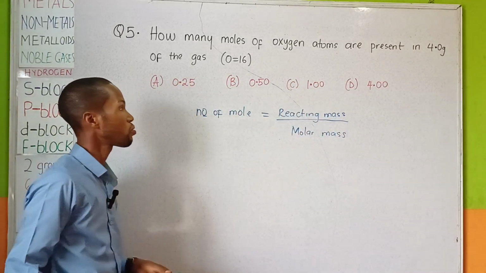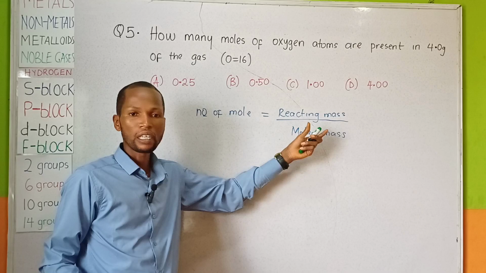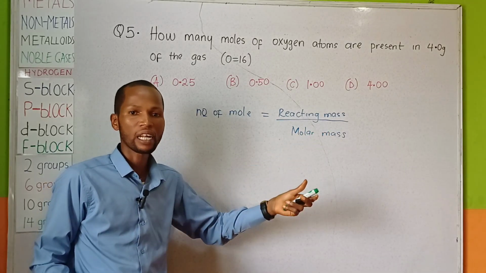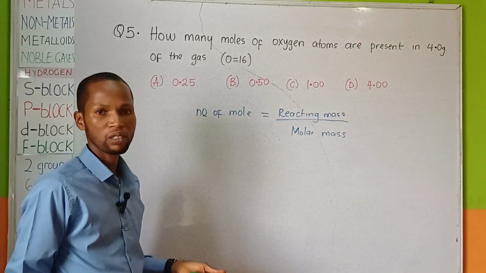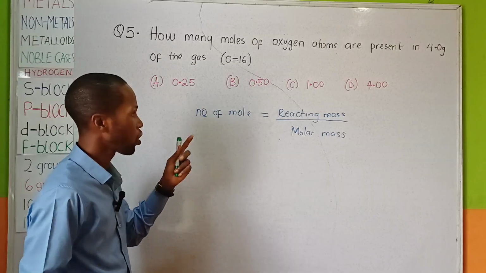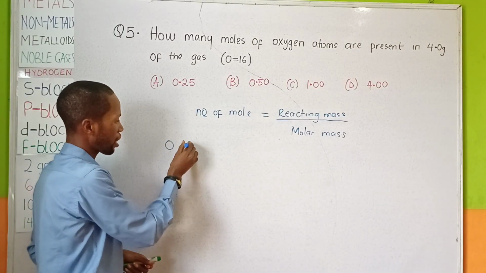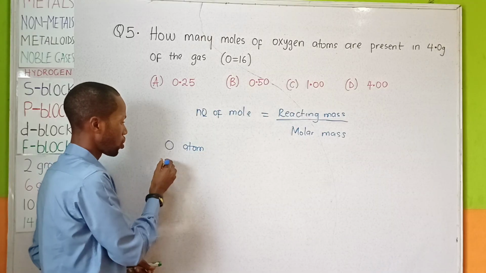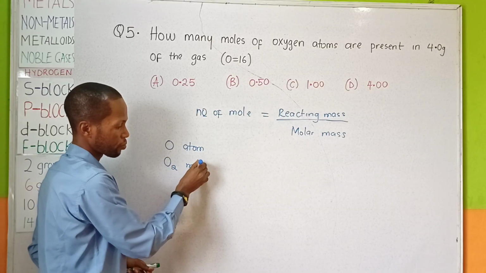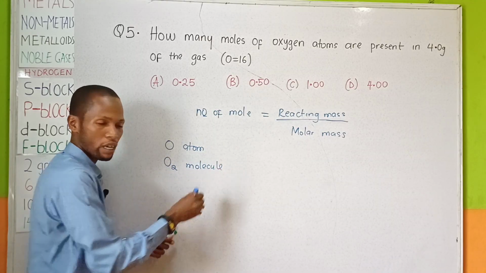So here we are dealing with oxygen. So the reacting mass of oxygen atom over the molar mass of the oxygen atom. Note that we are dealing with oxygen atom, not oxygen molecule. Okay?